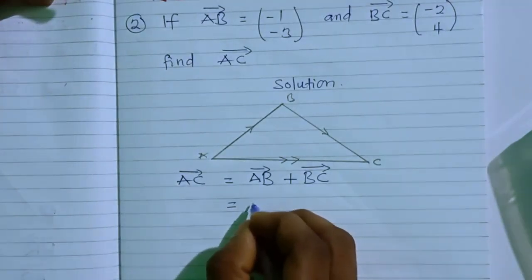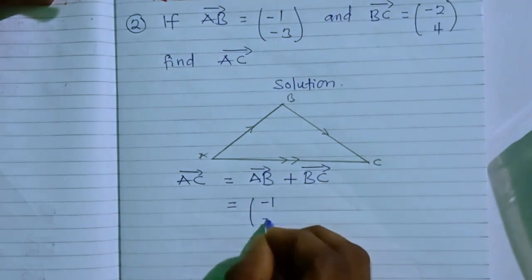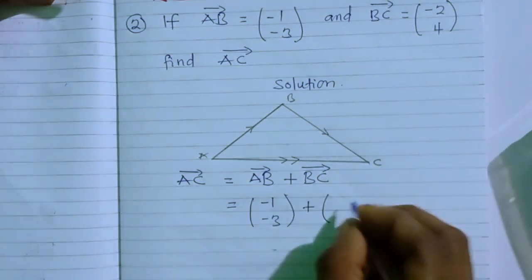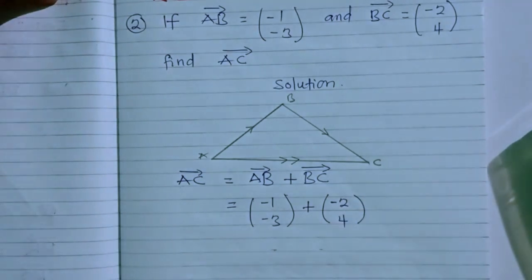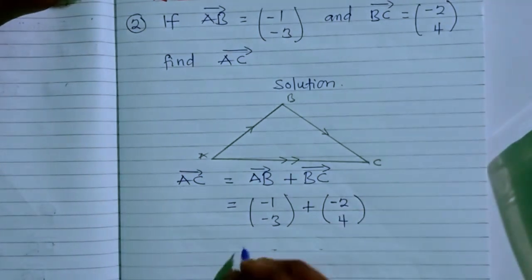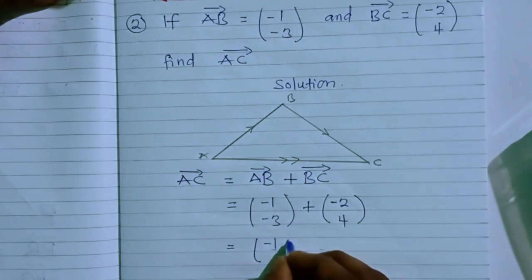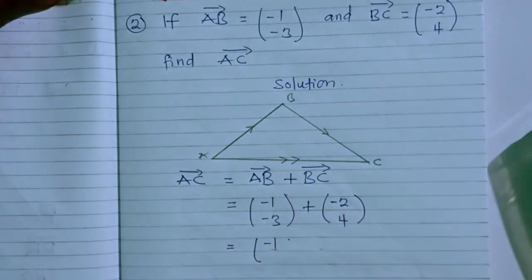Vector AB was given to be -1, -3, and I'll add it to vector BC, which is -2 and 4. So I add. This will be -1 plus -2. When plus and negative meet, it becomes negative.